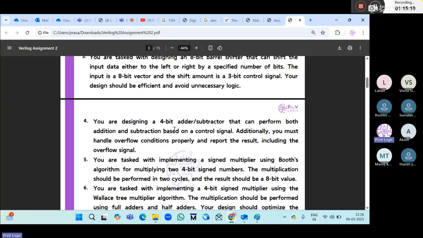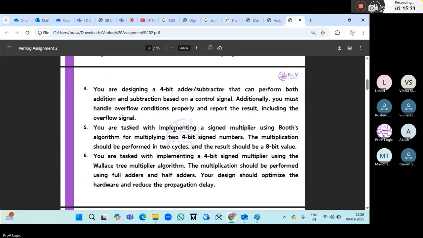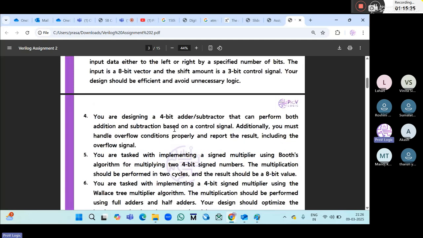You are designing a 4-bit adder or subtractor that can perform both addition and subtraction using a control signal. Additionally, you must handle overflow conditions properly and report the result. Here, overflow in the sense just carry. Suppose you do 3 plus 6, the 3 and 6 will be in the 3-bit range.